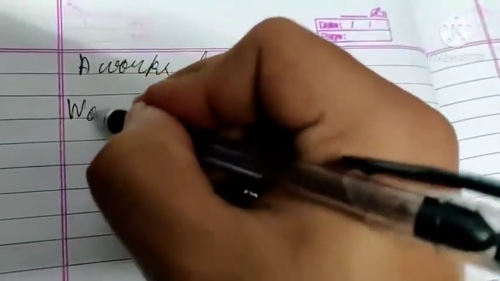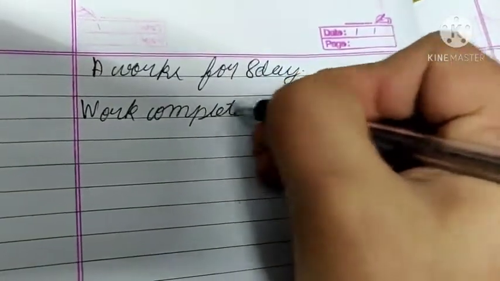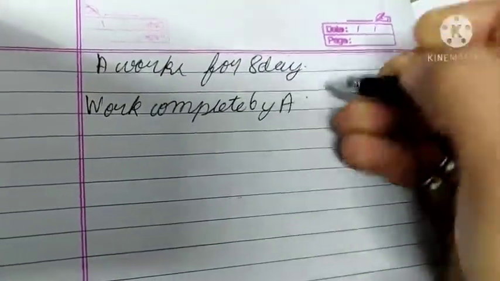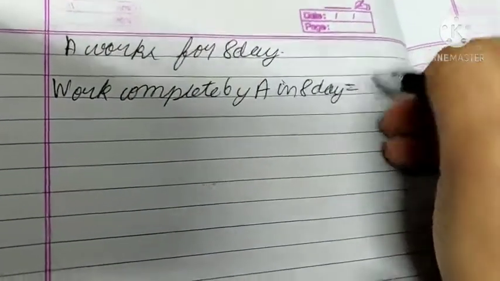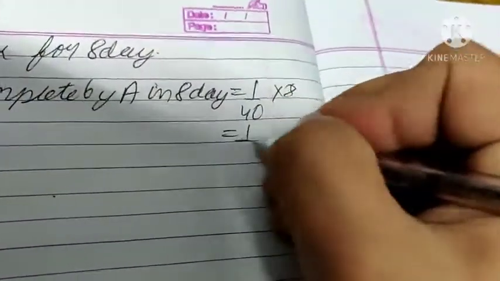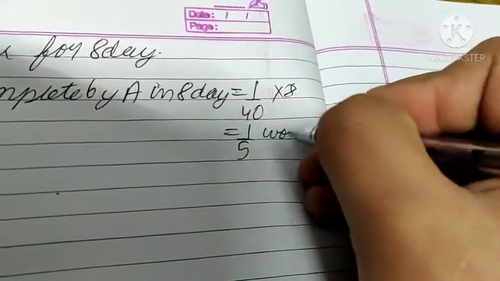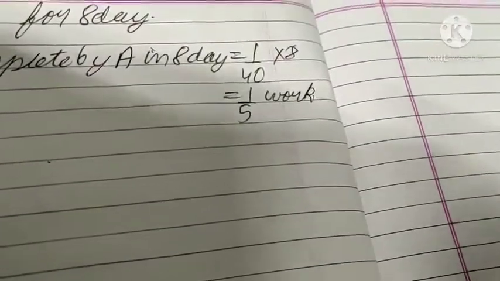So in 8 days he will complete work completed by A in 8 days. In 1 day A completes 1 by 40 work. So in 8 days he will do 1 by 5 of the work, means 1/5 of the work will be completed by A in 8 days.